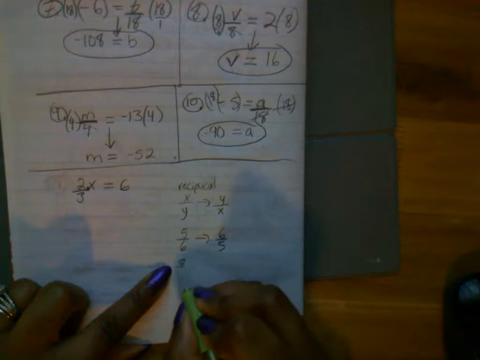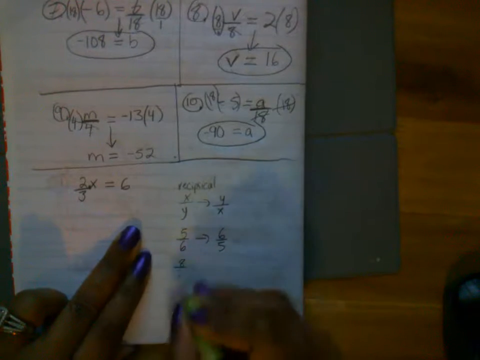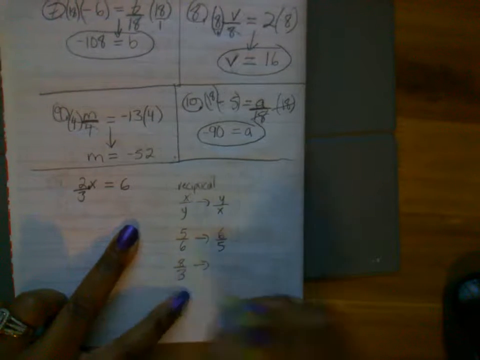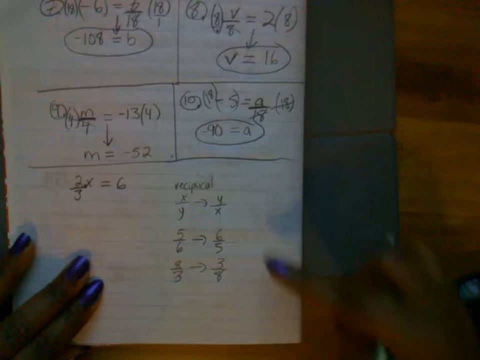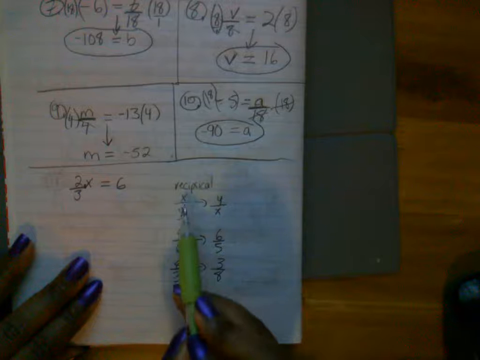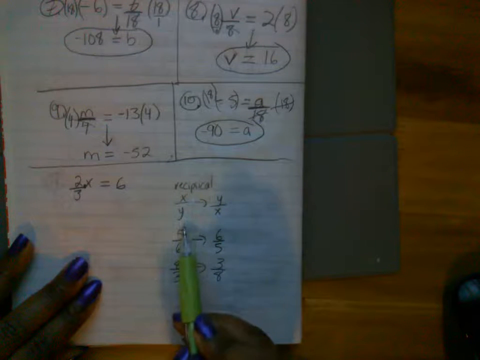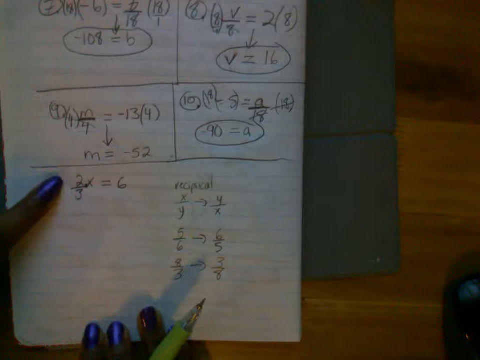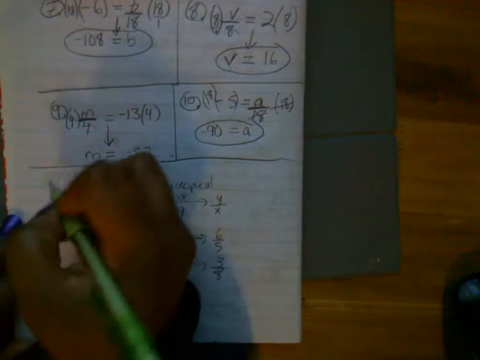If I have 8 over 3, my reciprocal would be 3 over 8. So all reciprocal means is that the numerator and the denominator switch. So the reciprocal of 2 over 3 is 3 over 2.